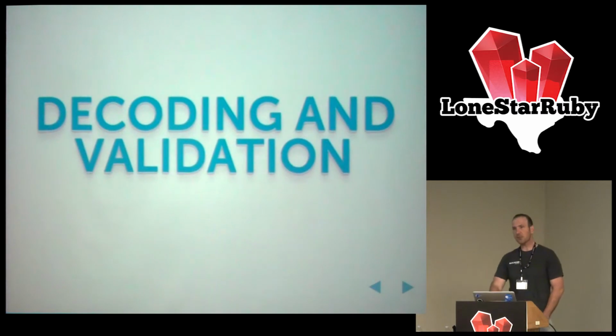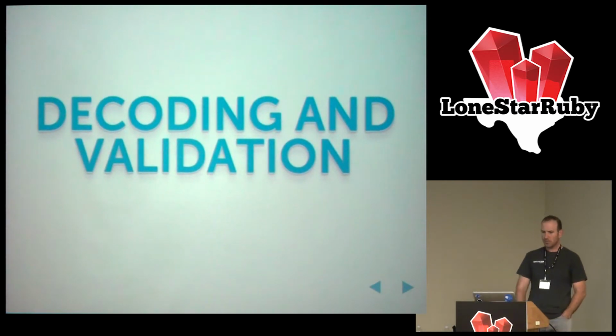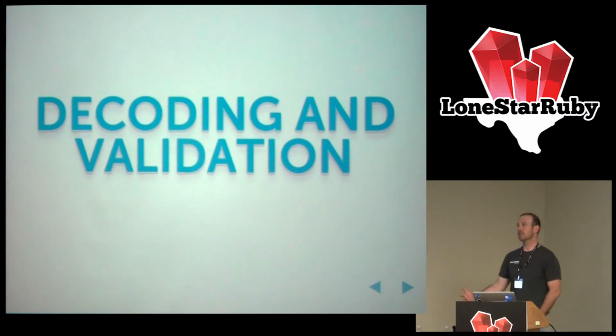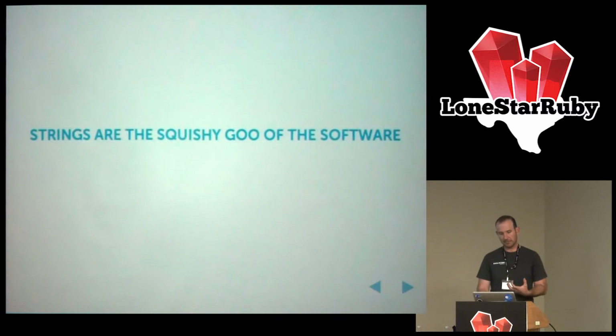The other problem that I constantly run into, or we constantly fall afoul of, is decoding and validation. What I mean by this is that our inputs are strings. Our arguments are strings. Our option names are strings. Our option values are strings. But we don't want strings.